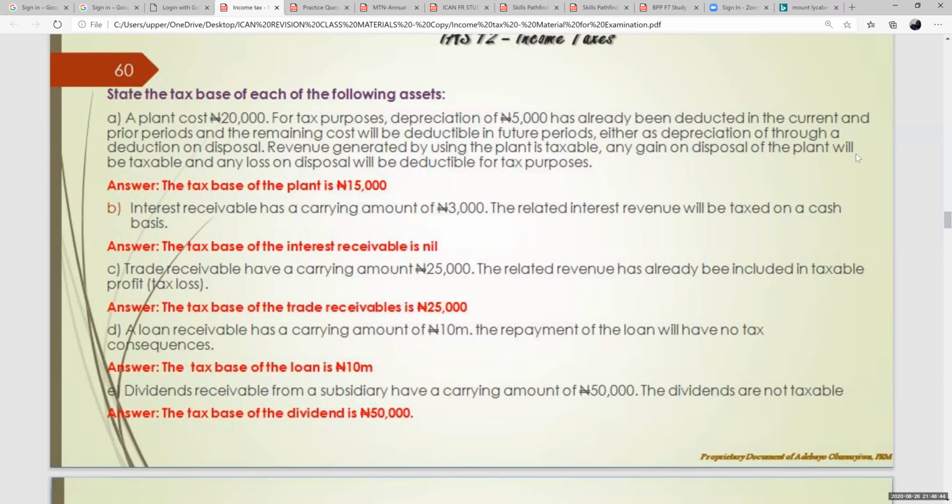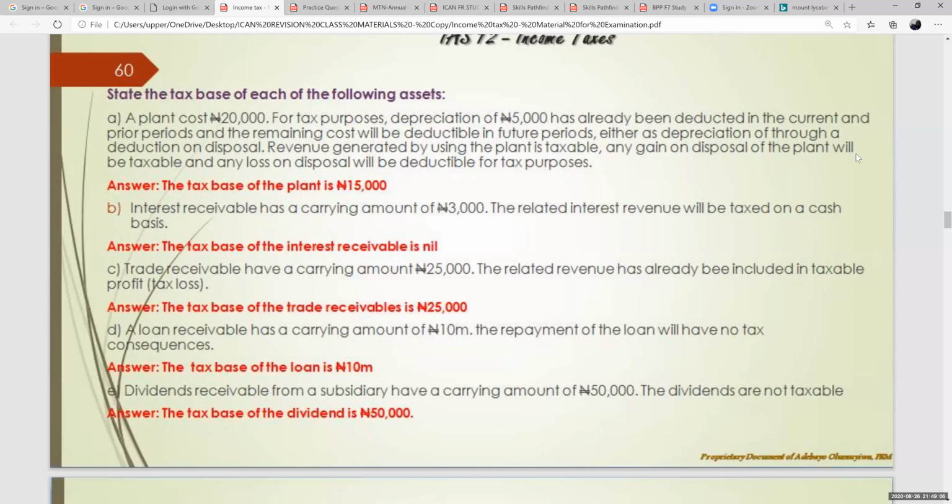Similarly, you have a trade receivable that has a carrying amount of 25,000. Recognizing trade receivable means you have recognized revenue from sale of goods. And what does the law say in this regard? The law says the related revenue has already been included in the taxable profit.